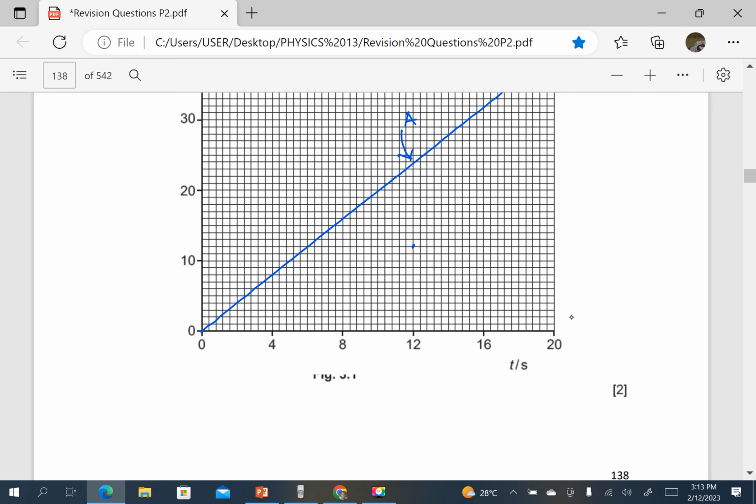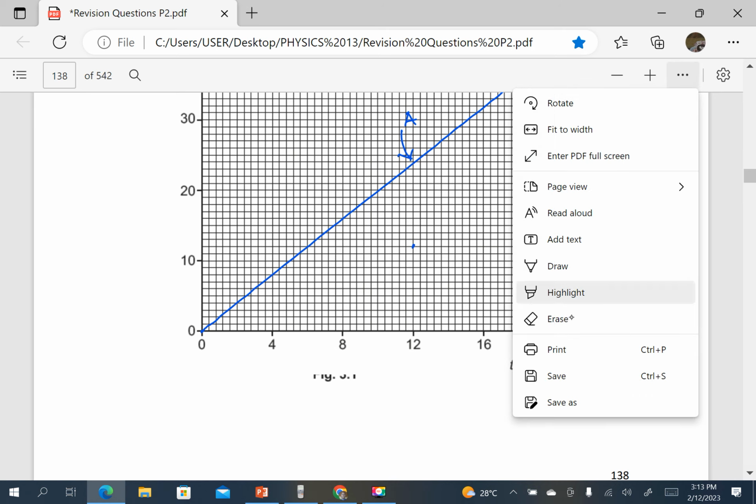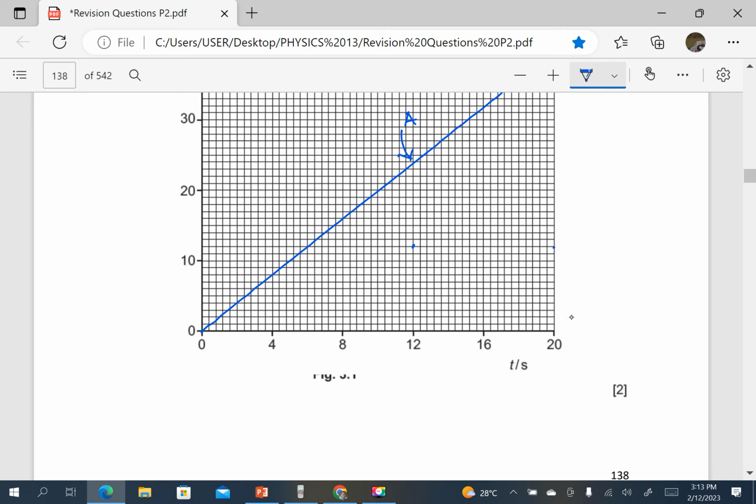Of course, after 12, it will be a horizontal line. So let me begin by drawing a horizontal line here. Then I can start from here. It is not easy, but I'm going to try.